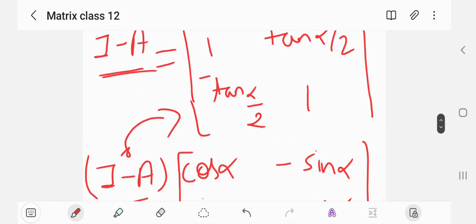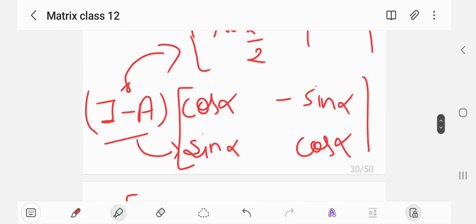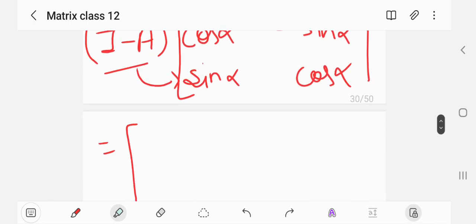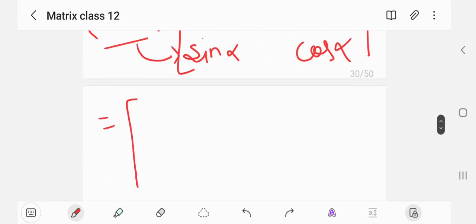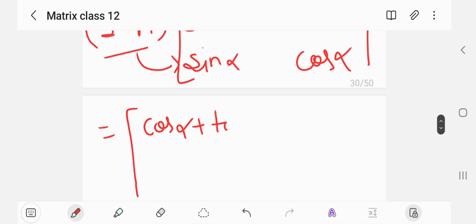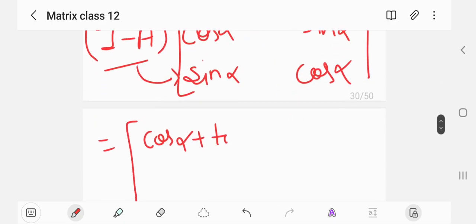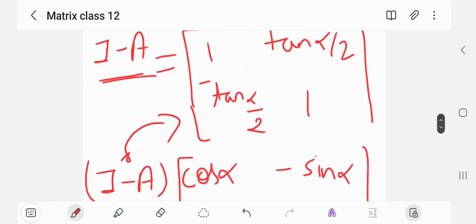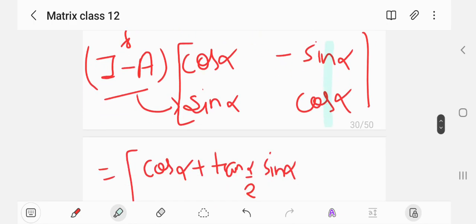Now let's multiply it. When I multiply, what will I get? I will multiply this row with this column. As a result, I will get cos alpha plus, when I multiply this by this, here is no negative sign, so tan alpha by 2 sin alpha, right? Similarly, I will multiply this row with this column.